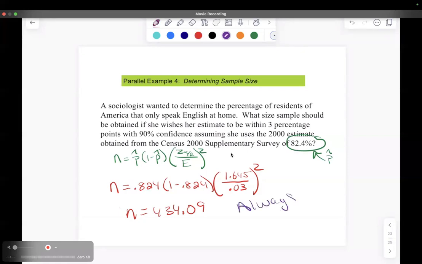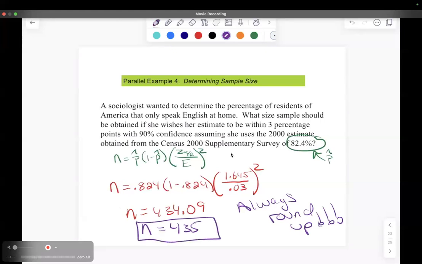Always round up. Therefore, the n that we're going to use is 435. Even if it's as small as 0.09, always round up.